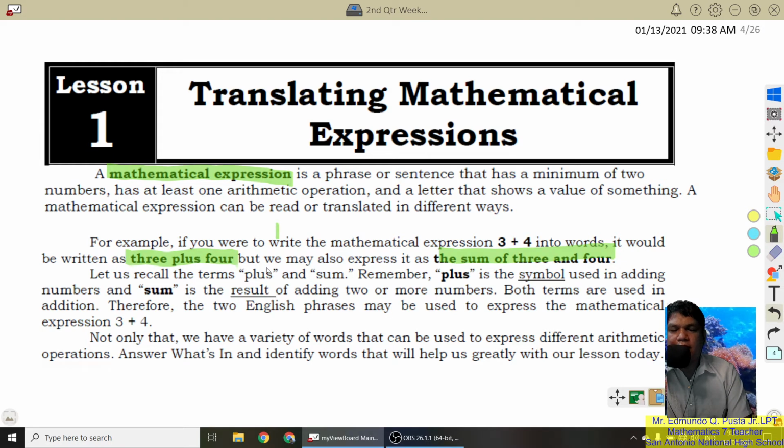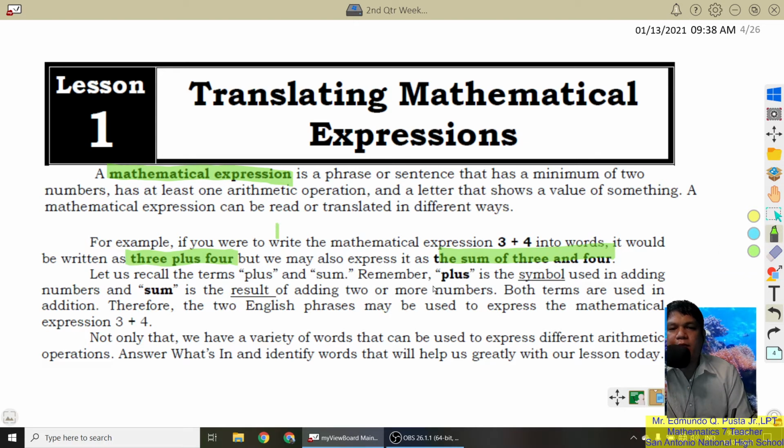Both are correct. Parehas lang yung sinasabi niya, no? Ibig sabihin lang, we have different ways of translating a mathematical statement into what? Words or phrases. English words or phrases.